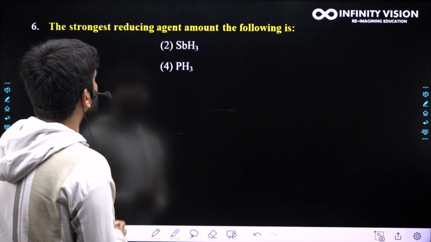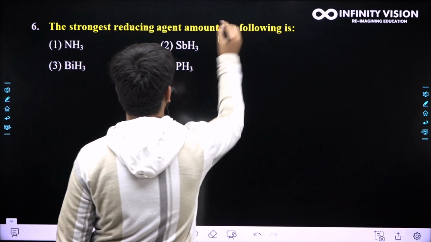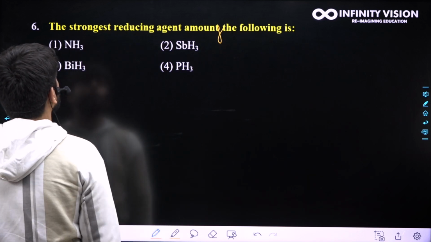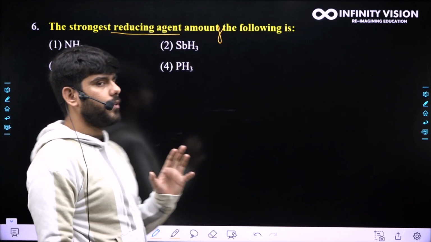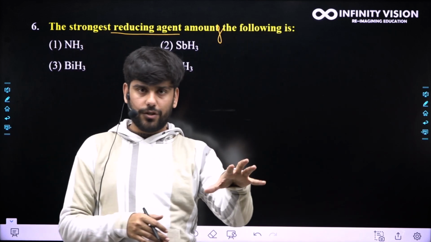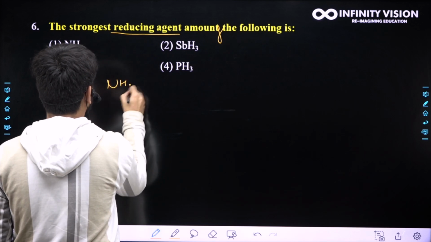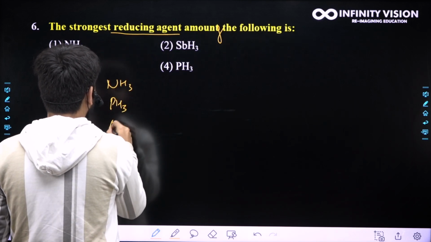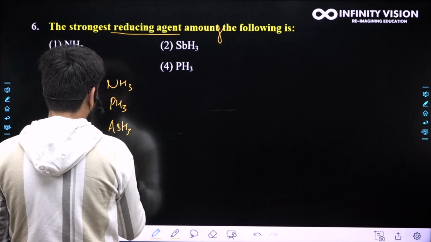The strongest reducing agent among the following is, okay, reducing agent, that means we can say the tendency to release H. Now these are the hydrides of group 15. We have NH3, then PH3, then arsenic hydride, then antimony hydride, and finally bismuth hydride.